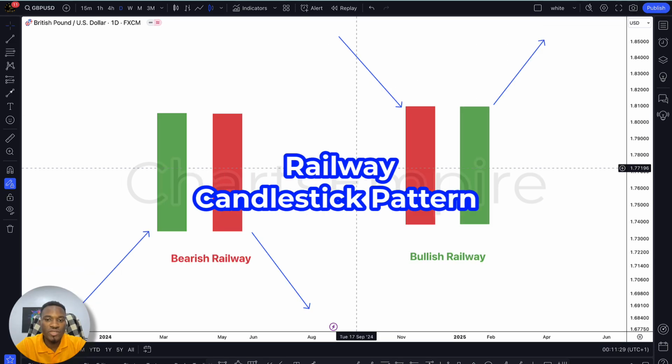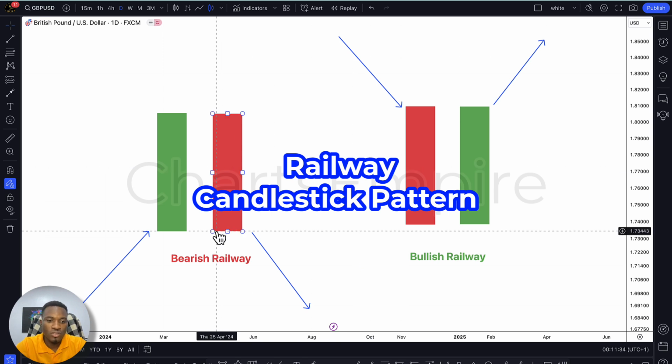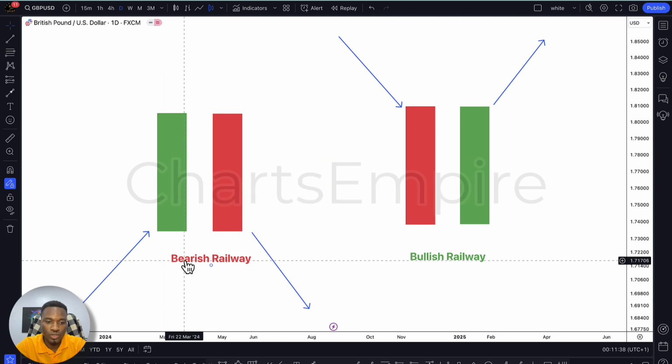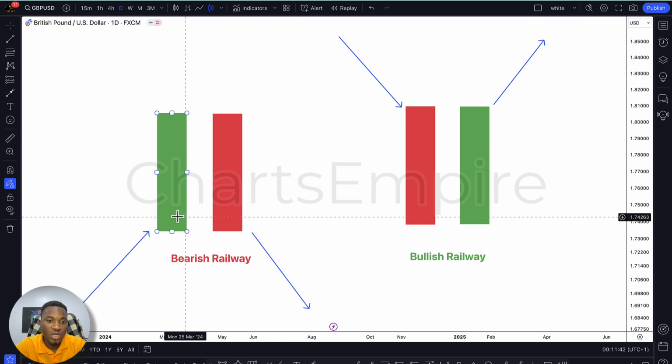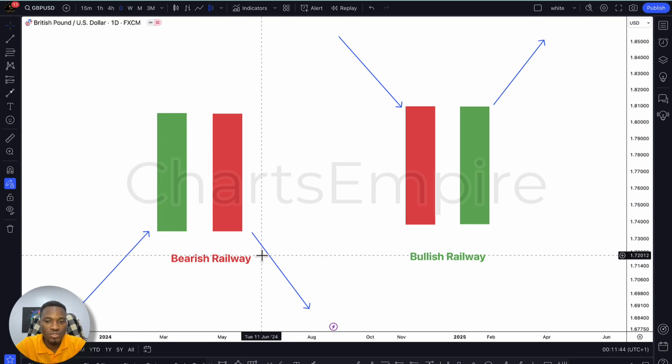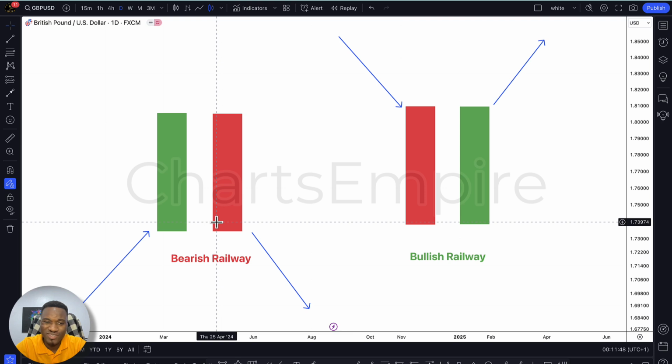The next candlestick pattern on our list is the railway candlestick pattern. The bearish pattern is called the bearish railway, while the bullish pattern is called the bullish railway. As you can see, these candlestick patterns look like the bearish engulfing candlestick, but it's not a bearish engulfing candlestick.